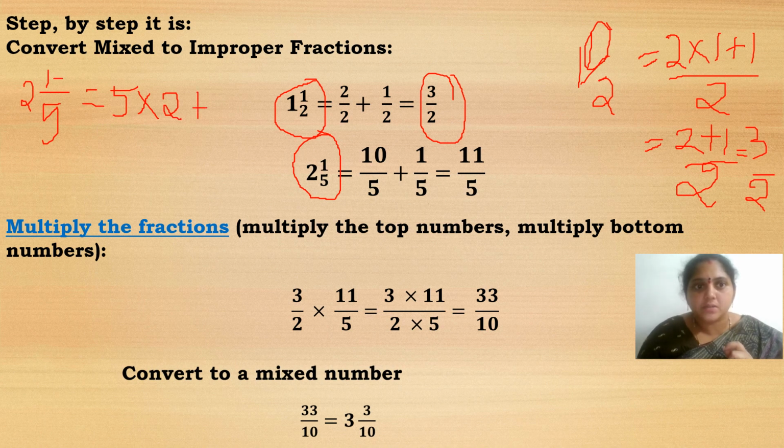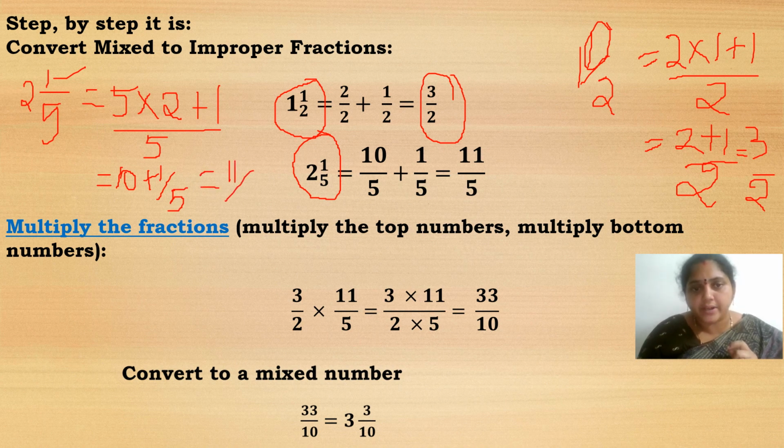Our numerator is 1. So write 1 and divided by the same denominator. What is our denominator here? It is 5. That is equal to 5 into 2 is equal to 10 plus 1 divided by 5. So total our number will be 11/5.